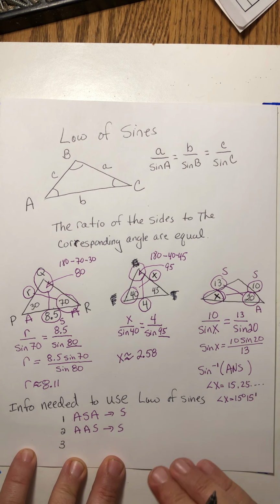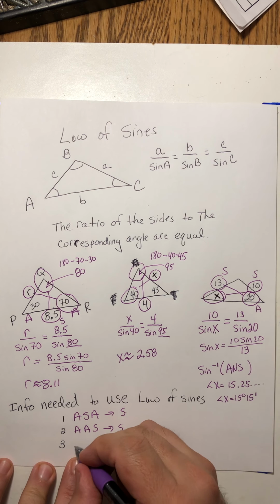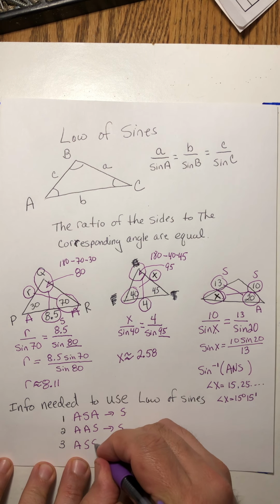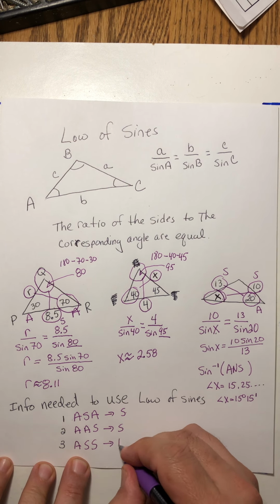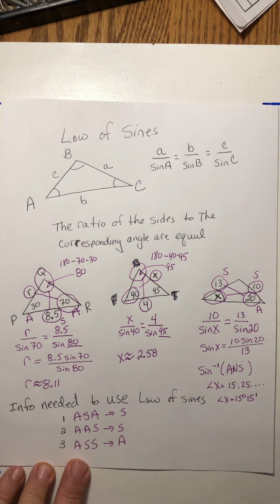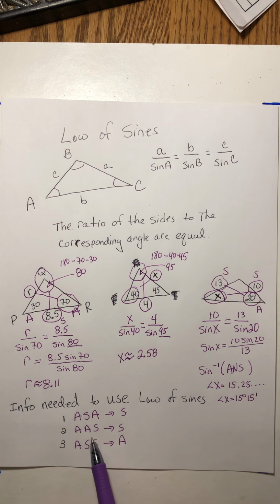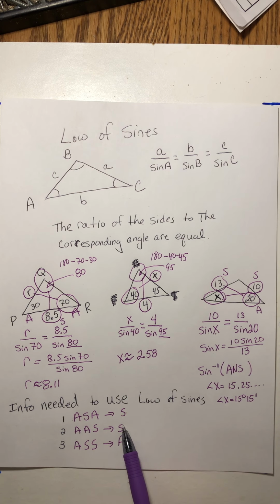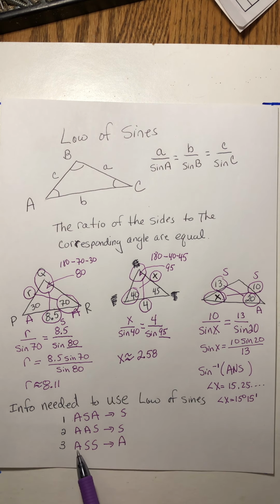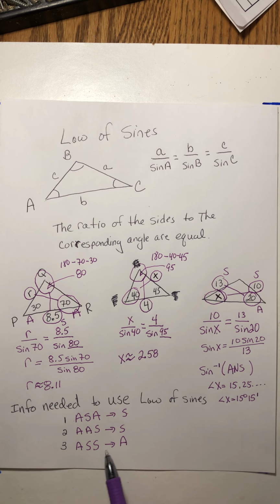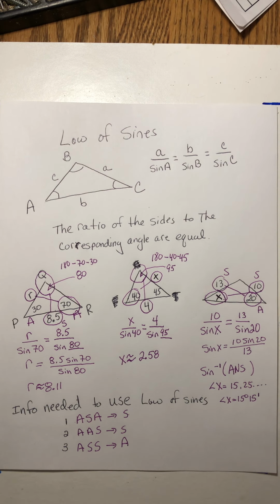Remember in geometry, that was called your ambiguous case. And that will find us another angle. So we have to have this information. Any two angles to find a side, or if we have one angle and the side, so angle, side, side, then we're finding the angle. This is how we use the law of sines.